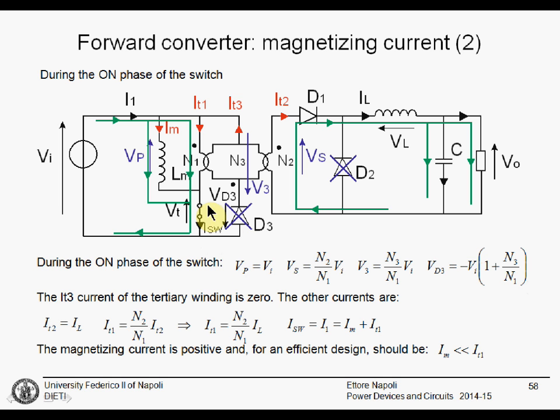First of all, this is negative. This means that this diode is off. Second thing that we will see in the following, this is higher than the supply voltage. The diode will need to sustain a voltage that is higher than the supply voltage.